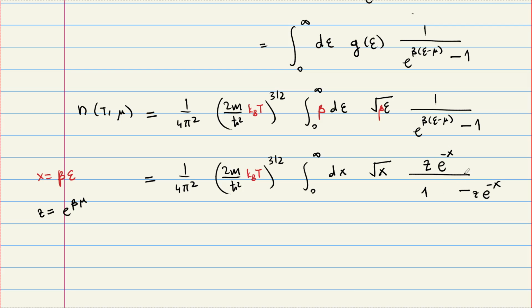And now, let me write this a little bit more nicely. Now I want to write this thing here, z e to the minus x, as a sum over p equal to 0 to infinity. This is the usual geometric series, z to the p e to the minus p x.